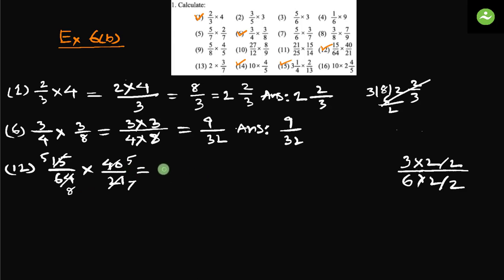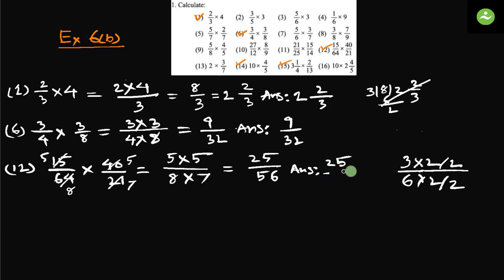So what we get here, 5 into 5, and the new denominator, 8 into 7. 8 into 7 equals 56, and the numerator is 25. Answer is 25 over 56.